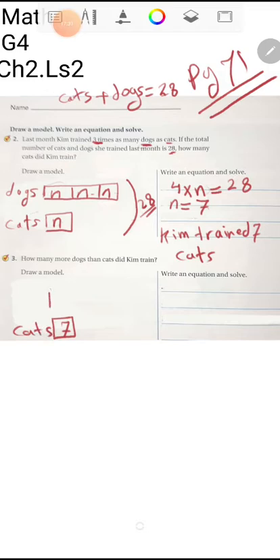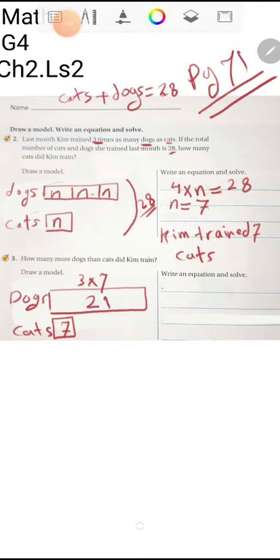I know the number of dogs is 3 times as many as cats. So the number of dogs will be 3 multiply 7 equals 21.